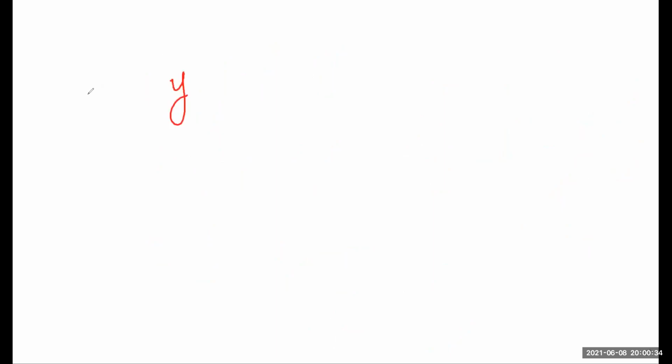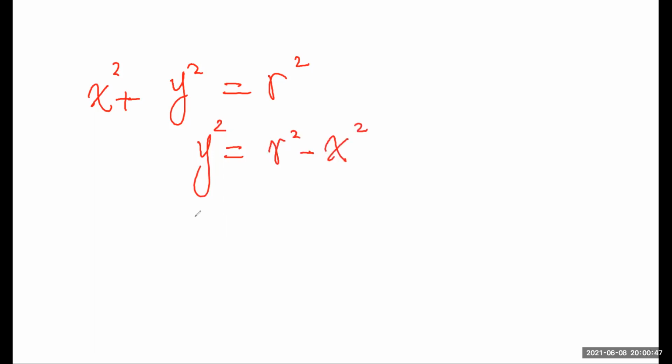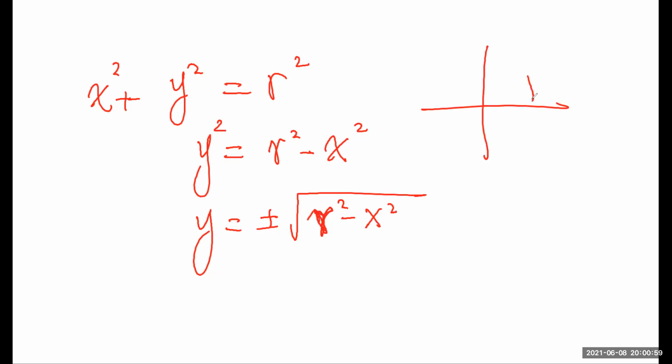We know this is a circle, x squared plus y squared equals r squared. That's the equation for a circle. So y squared is equal to r squared minus x squared, and we'll have basically 2 functions out of that.